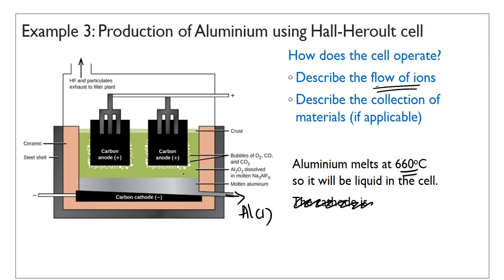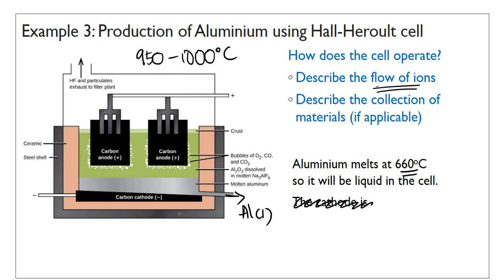Remember that this cell operates at around 950 to 1000 degrees Celsius. So at around 600 degrees, which is the melting point of aluminium, this is going to remain liquid at 950 to 1000.